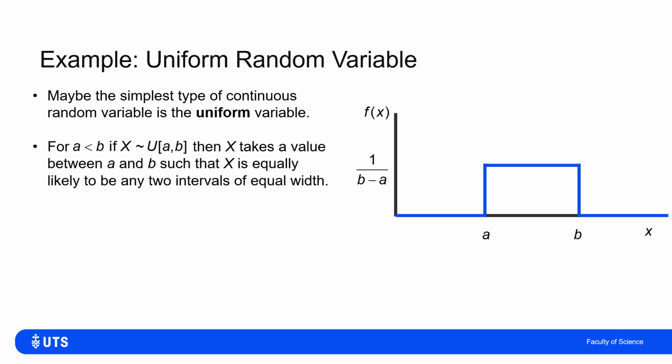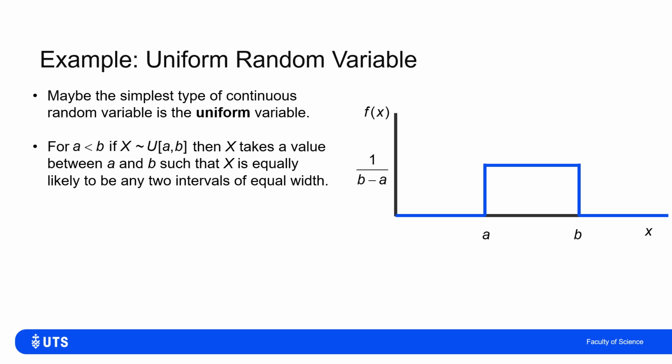So again, it looks like that. It's a rectangular slab of probability density, no chance of a result below a, no chance of a result above b, and the density is 1 over b minus a between them because, well, the area has to be 1, and so if it starts at a and ends at b, its length is b minus a.